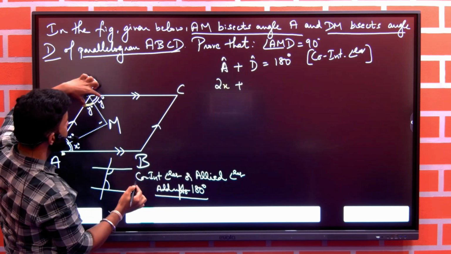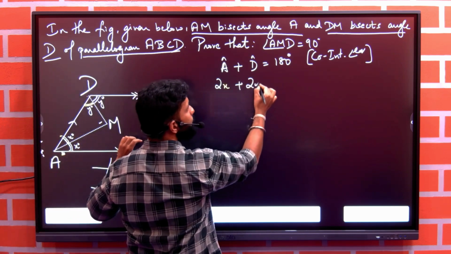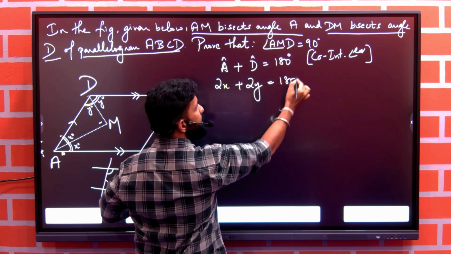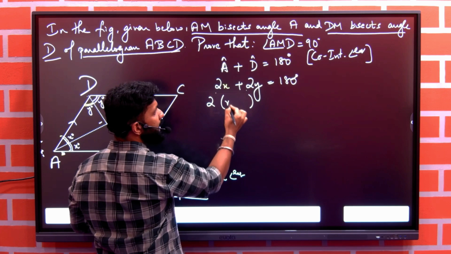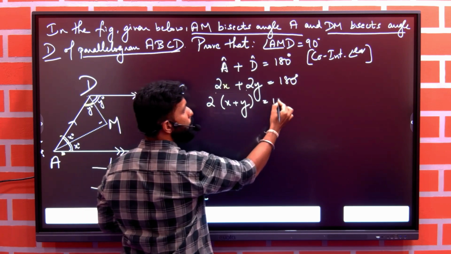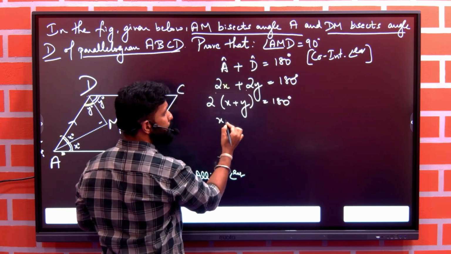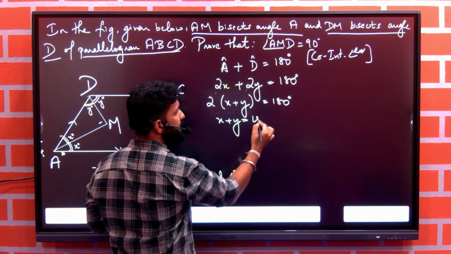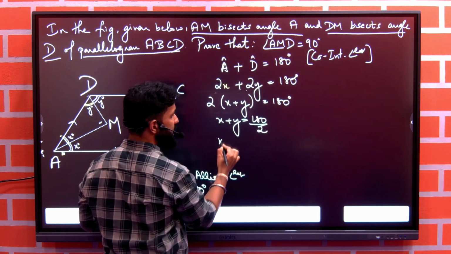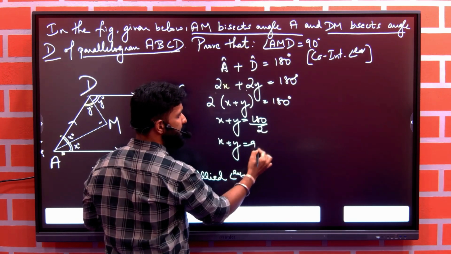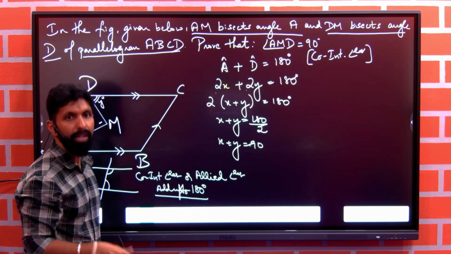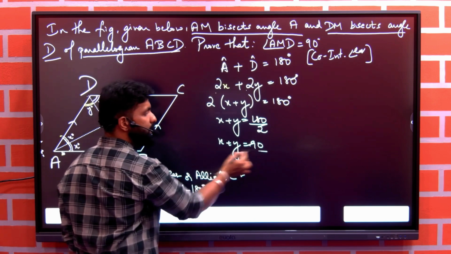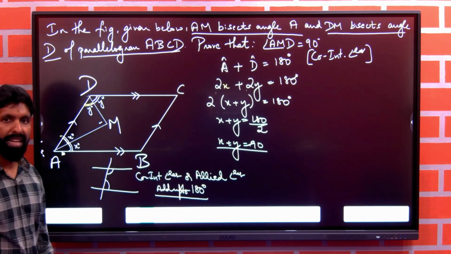Instead of angle D, I write 2y is equal to 180 degrees. What looks common here? 2. So I remove 2 common. x plus y is equal to 180 divided by 2. So x plus y is equal to 90 degrees. Sir, why have you actually found x plus y value? Let me tell you later. So I got x plus y value as 90 degrees, right?